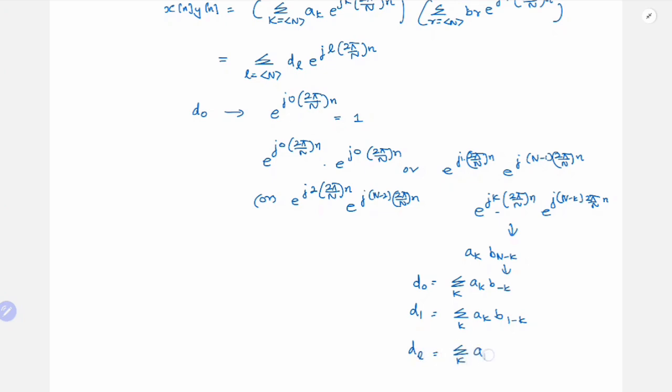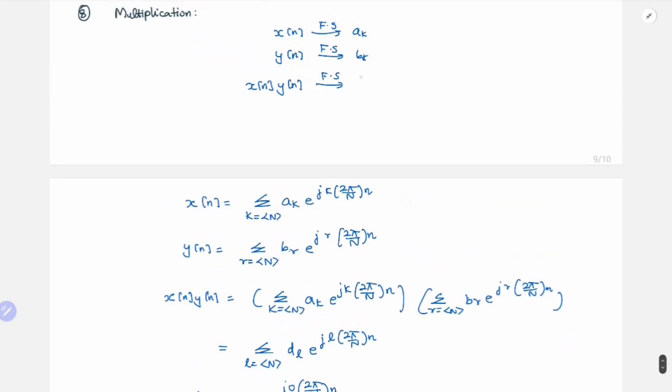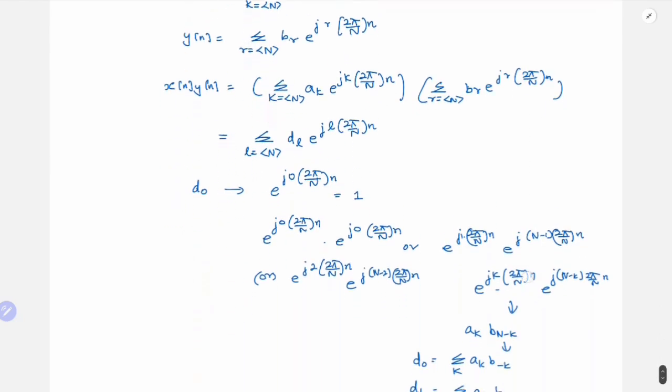Summation over k, ak b(L minus k). So this is my general term. So that is what I want here. So my dk will be nothing but summation over L of aL b(k minus L), over 1 period.